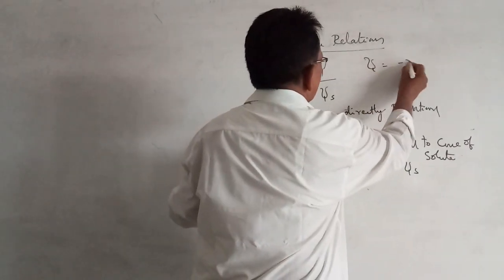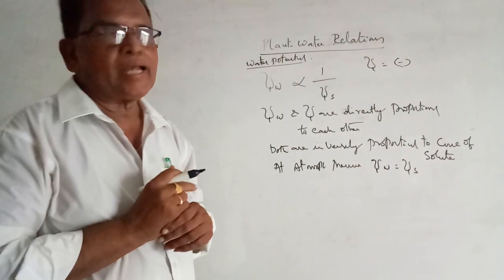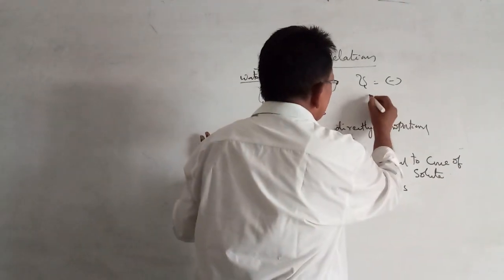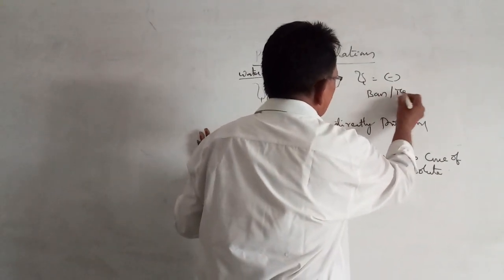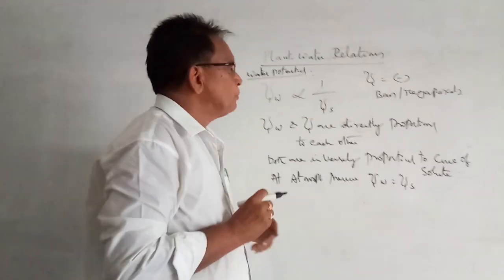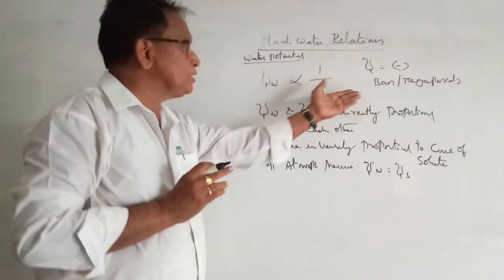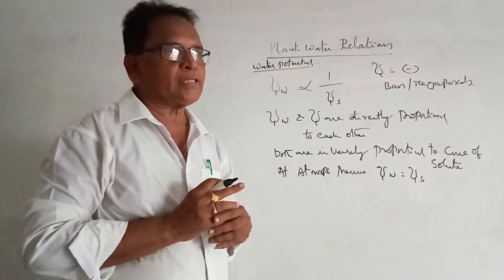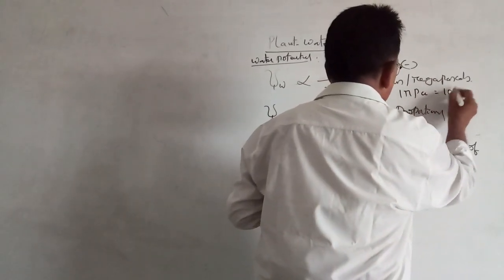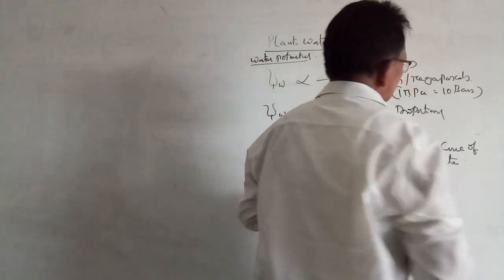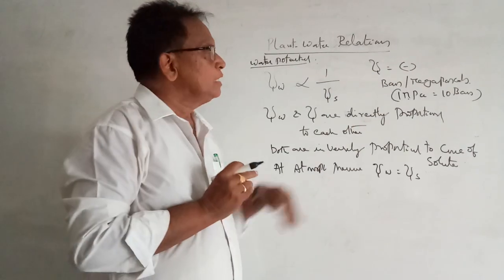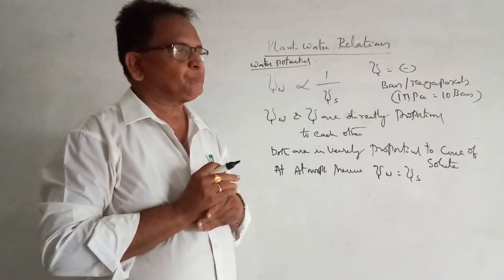The psi value can be measured in bars or megapascals. 1 megapascal (MPa) is equal to 10 bars. So we can convert bars into megapascals or megapascals into bars.